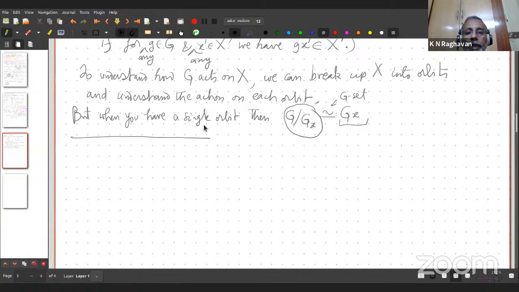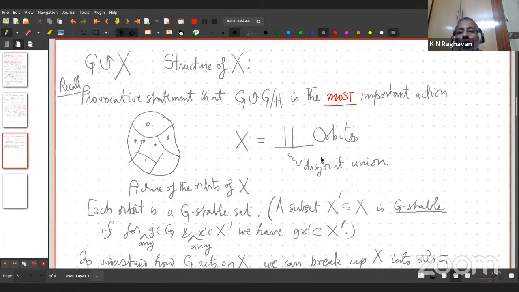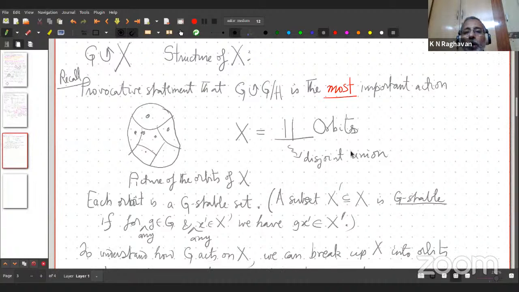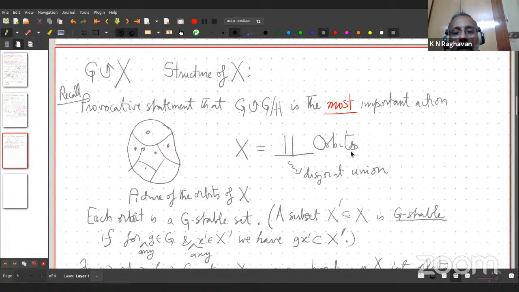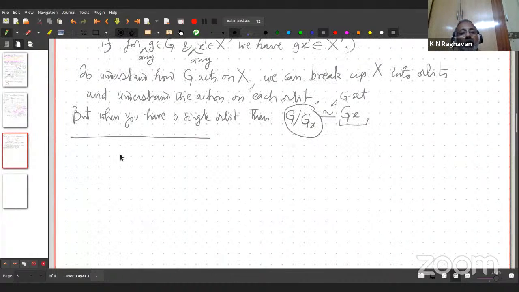The application of the idea that you can break this up into orbits. It's a very simple idea, but once again, these simple ideas can give surprisingly beautiful applications, which are not so obvious. So let's write this. X is the disjoint union of orbits.